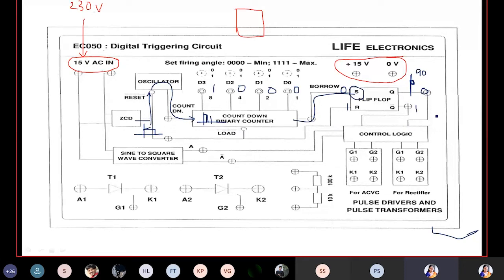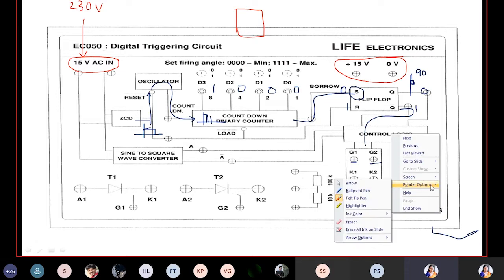Q is the firing pulse which we are giving to G1, K1. Q dash is the firing pulse we are giving to G2, K2.